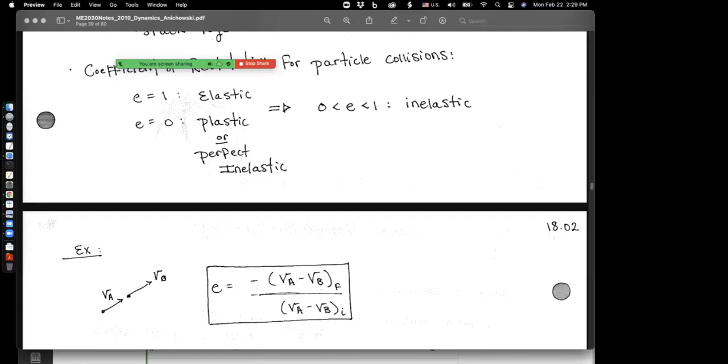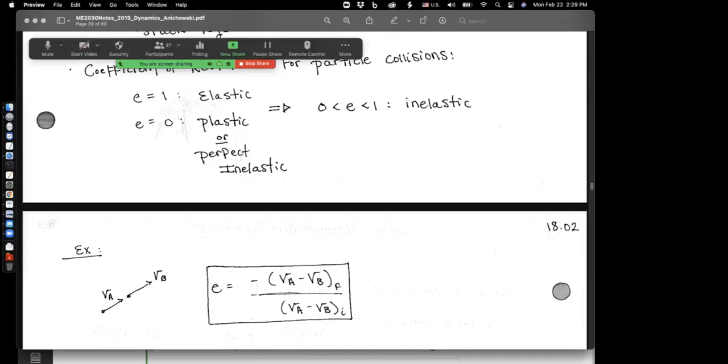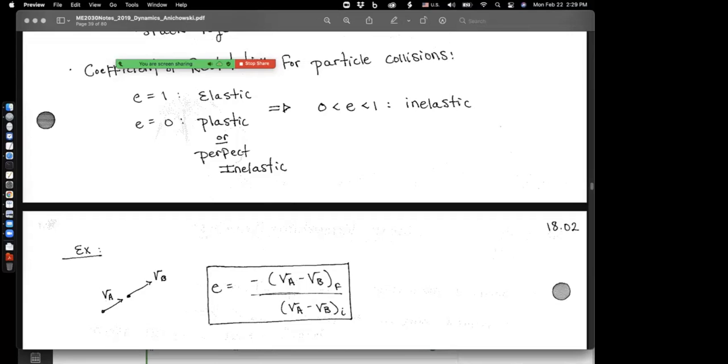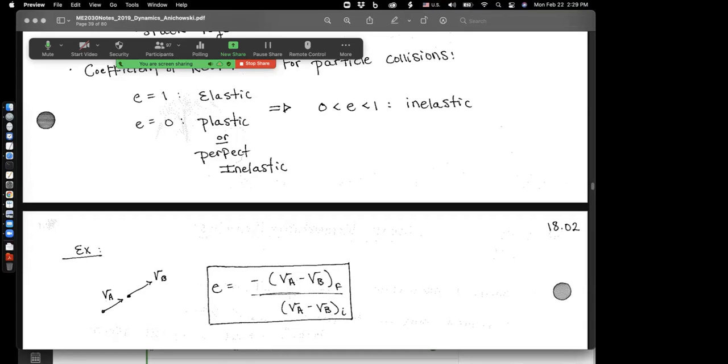Does this remind you of something, the numerator and the denominator, for the definition of coefficient of restitution? What's the numerator? Is there a term that we have used for this numerator or the denominator?